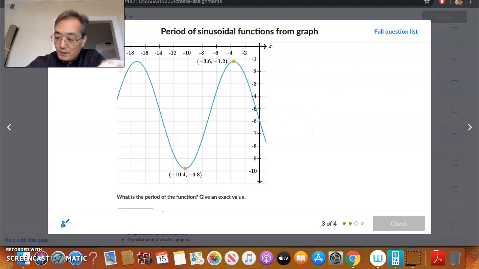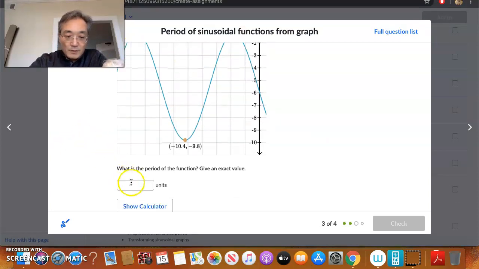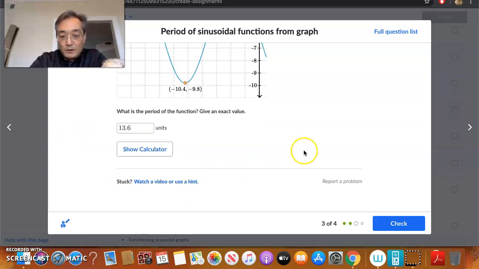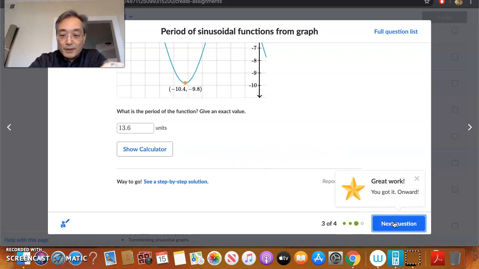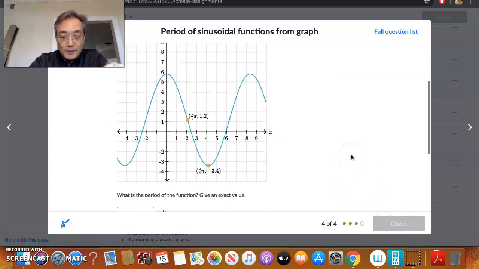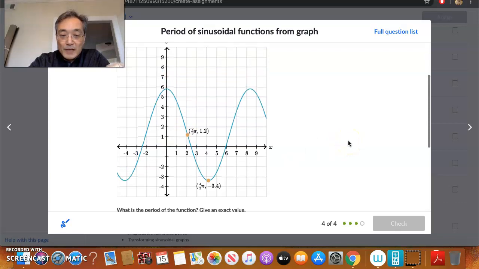So let's type it in. And that is correct. Okay, one more real quickly. Here we're given a point on the midline, and we're given the minimum value, which, now we know, is 1/4 of the total period, right?